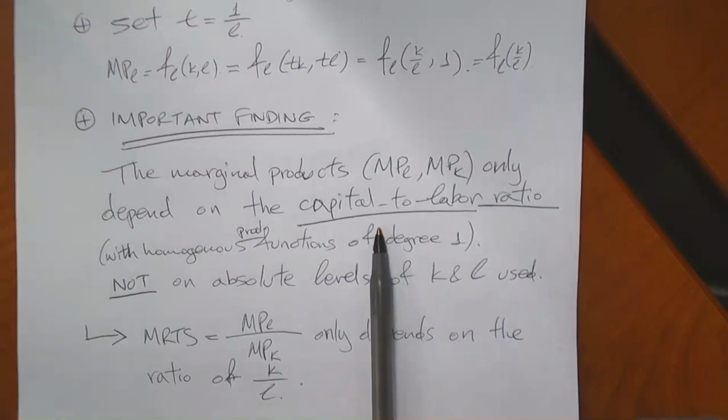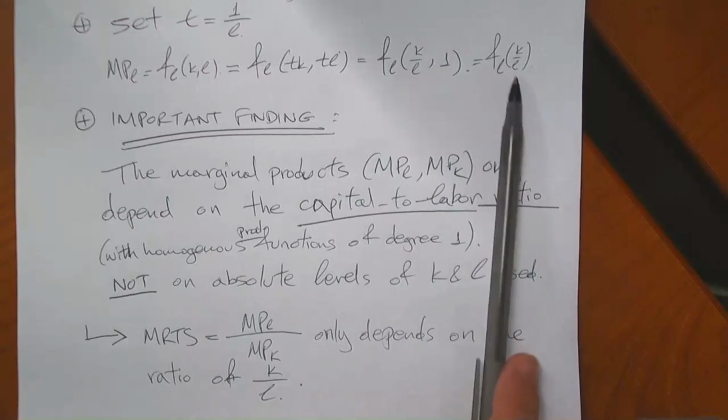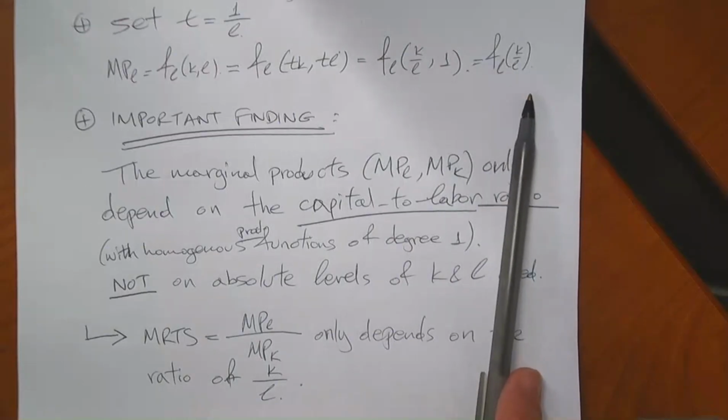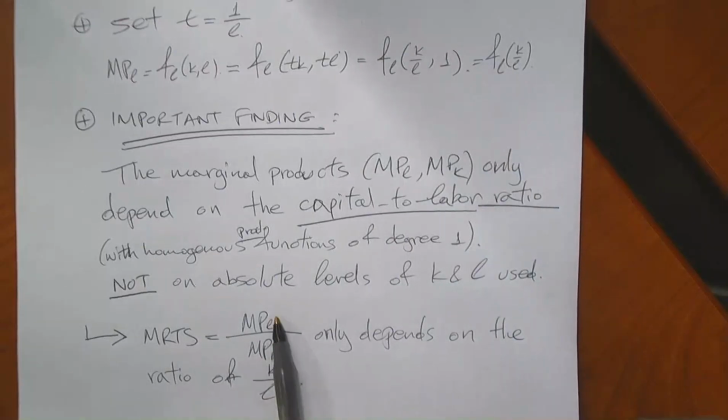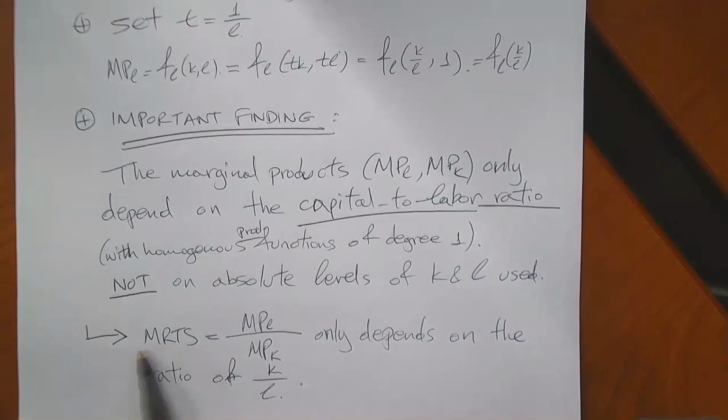Fantastic. That means that if this happens for labor and this happens for capital, and because those two things define the marginal rate of technical substitution, the marginal rate of technical substitution now only depends on the ratio of capital to labor. And I'm going to show you a picture so that you can understand why this is actually important.